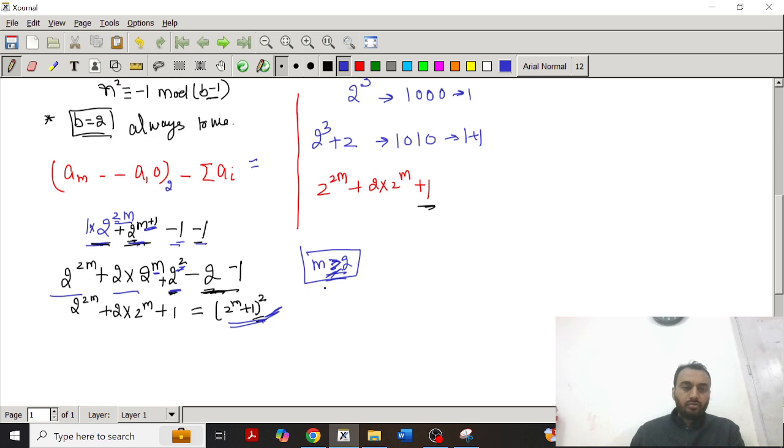Okay, wait. We have to prove that it is equal to n square plus 1. So here what we get, we are getting only n square. Okay, so we need one more thing here that I think we can easily pick.